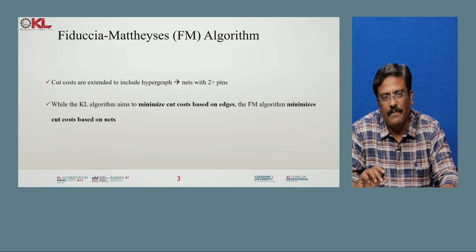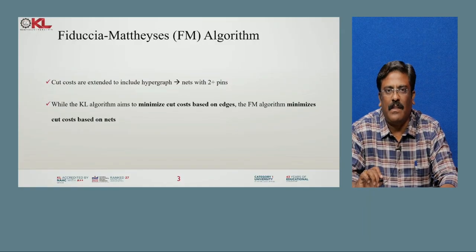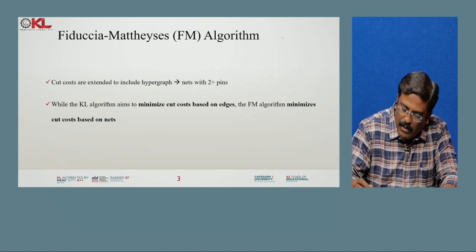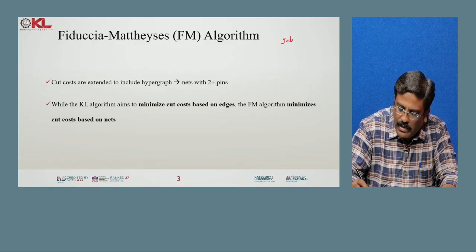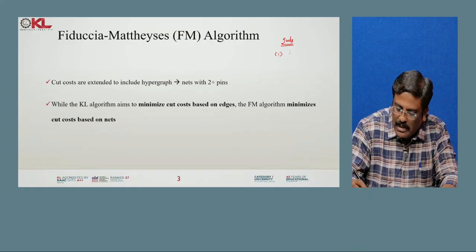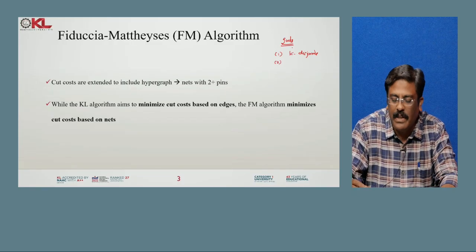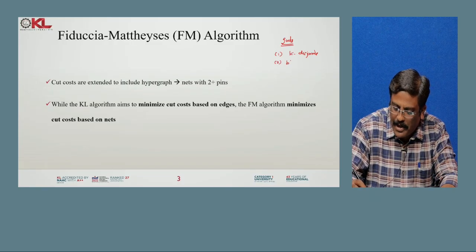Followed by that, the FM algorithm cut cost. What is the cut cost? The cut cost plays the major role in partitioning. There are two goals we have in terms of partitioning. One is successful k disjoint partitions, and the second one is balanced partitioning.